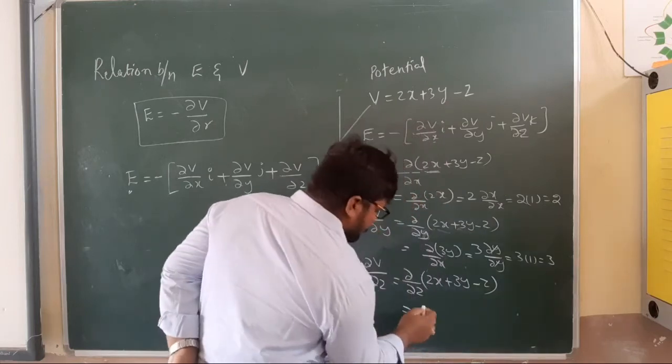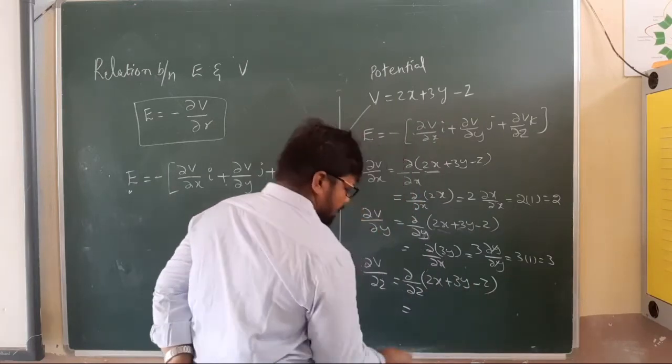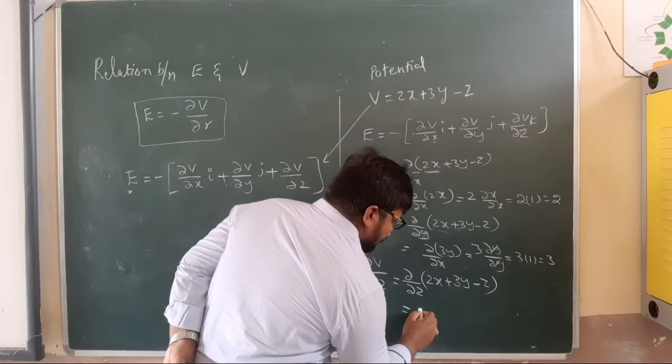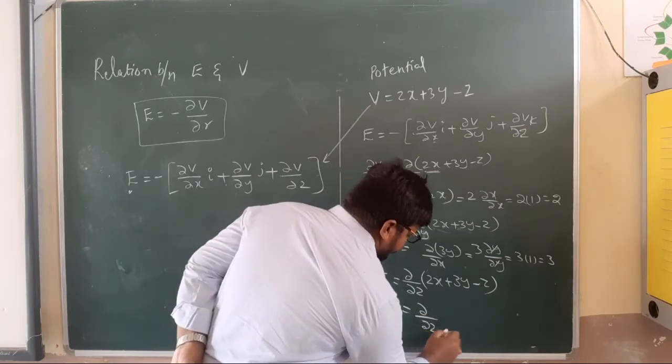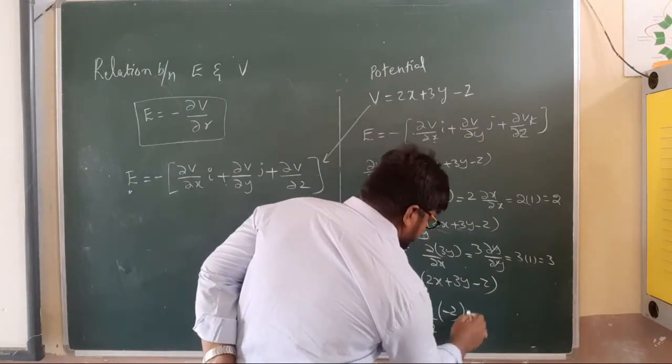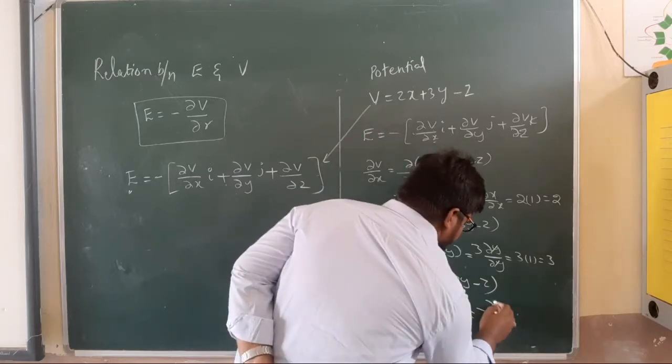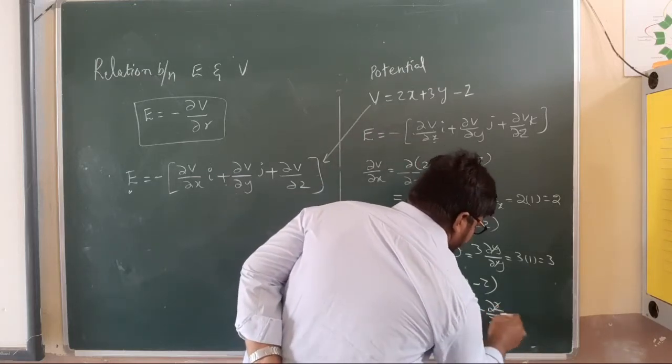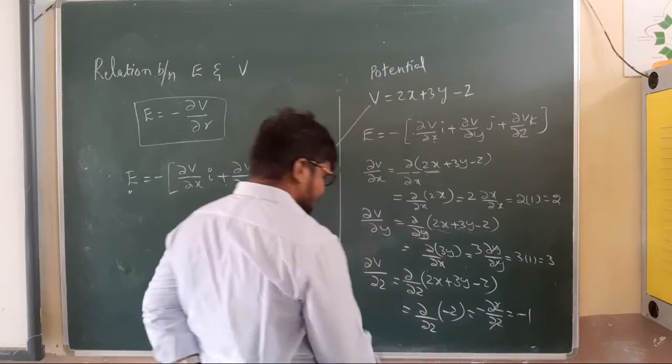Only the z term remains. Dou by dou z of minus z is minus dou z by dou z, which is minus 1.